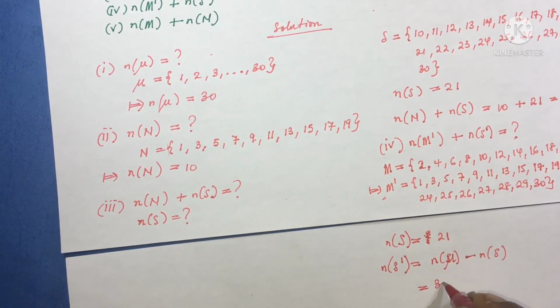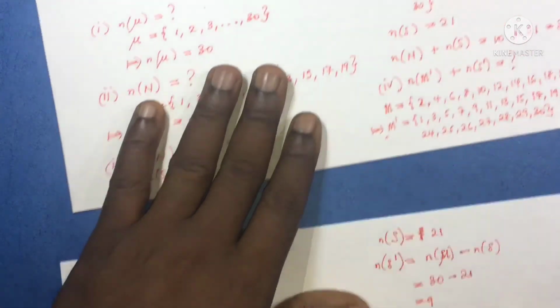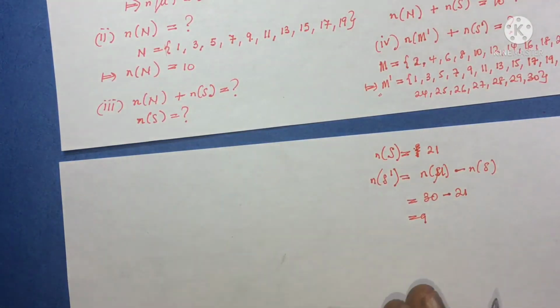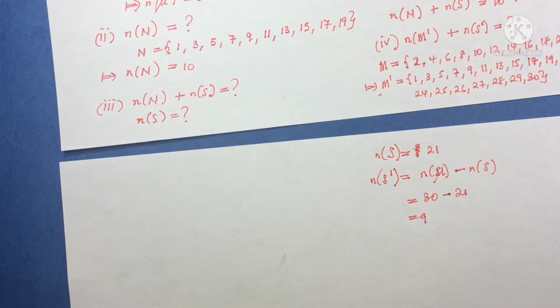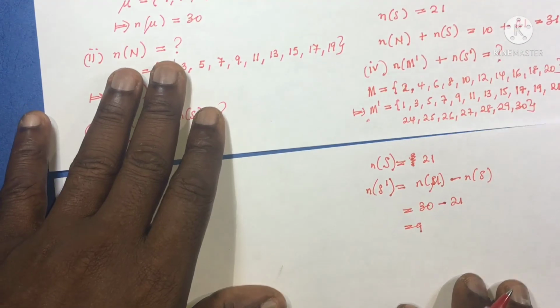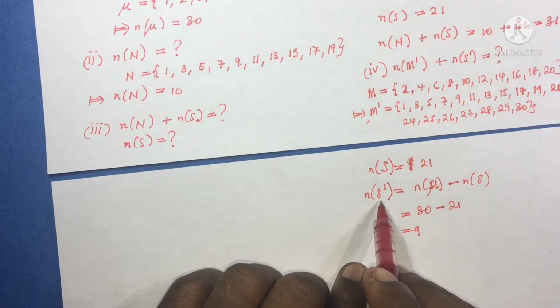That will give you 30 minus 21, which gives you 9. So this is a very fast way to get that done, but for teaching's sake, I would want you to know how S complement is formed.